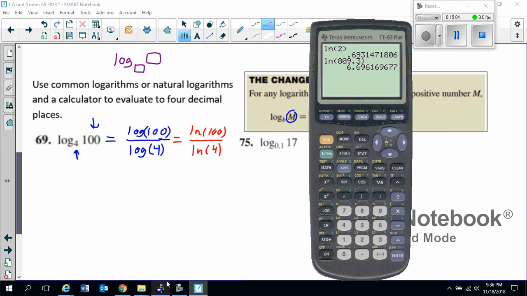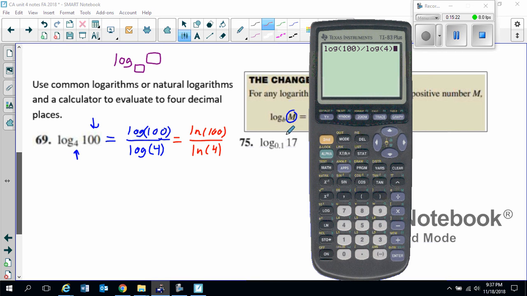I'll show you in the calculator because either way you're going to get the same result. So let's see, log of 100, I want to make sure you close that parentheses, divided by log of 4. No mixing and matching, they've got to have the same base.